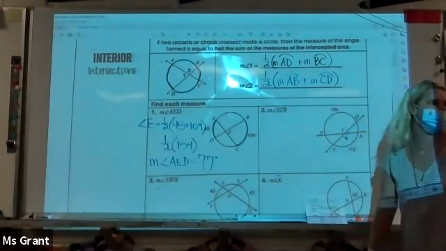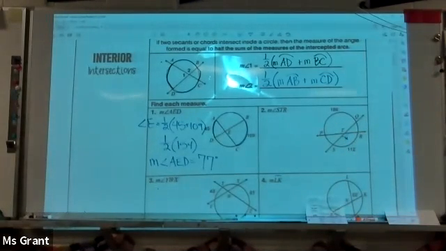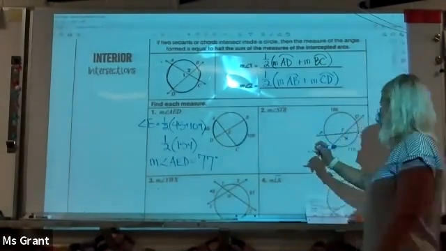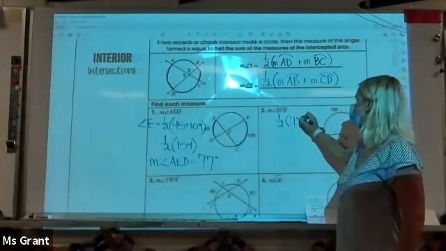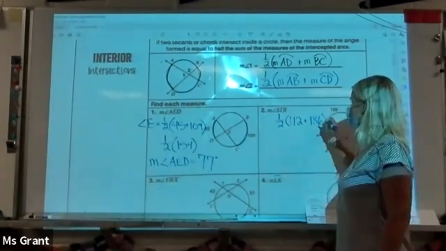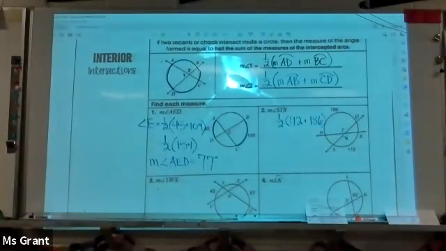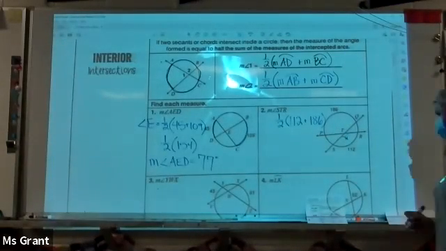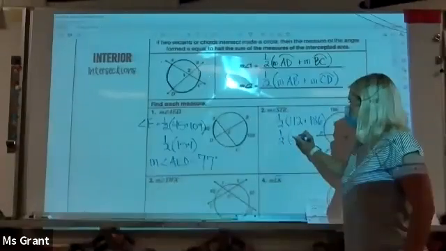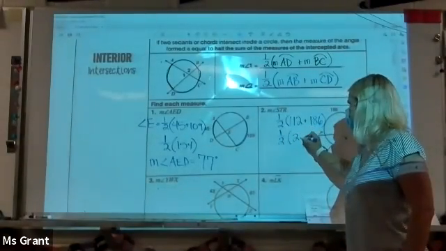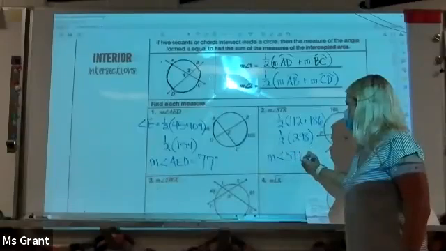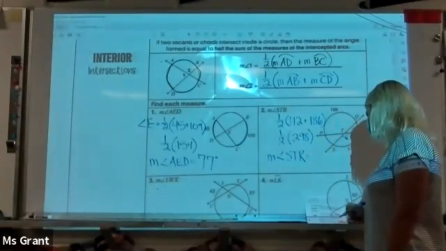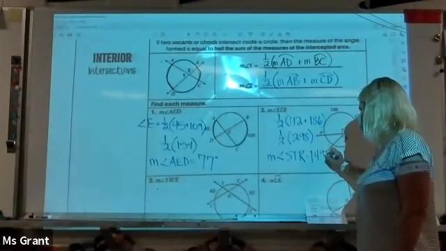Unknown, X. So it's 1/2 of 112 plus 186, which is 298. The measure of angle STR is 149 degrees.